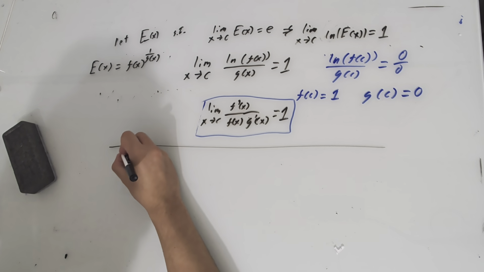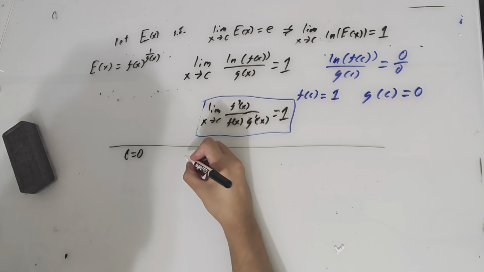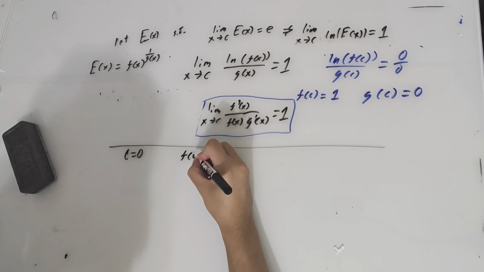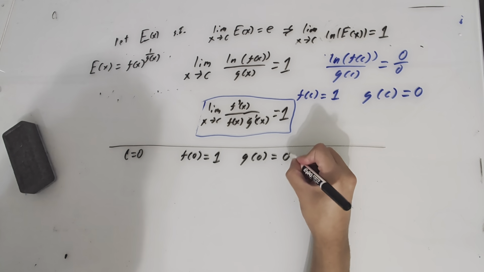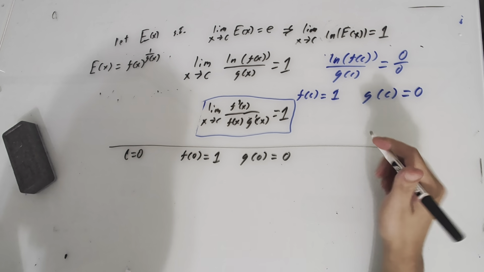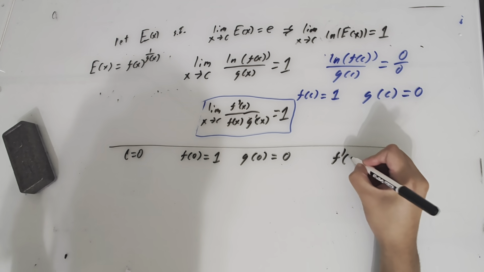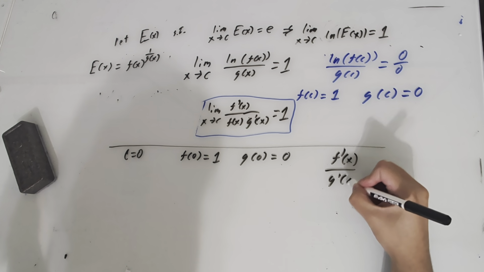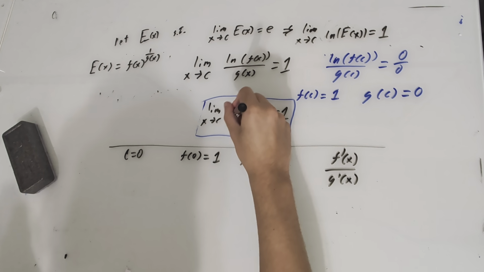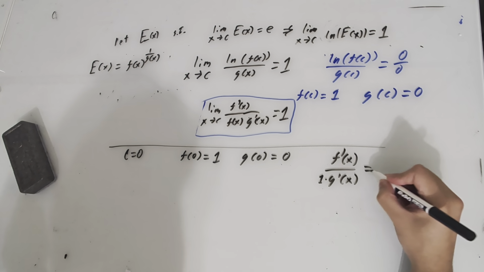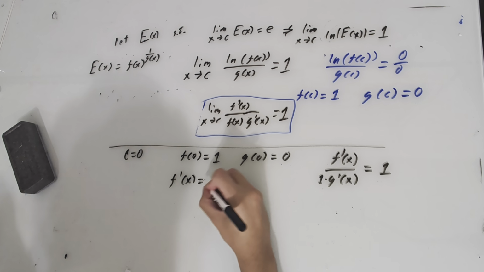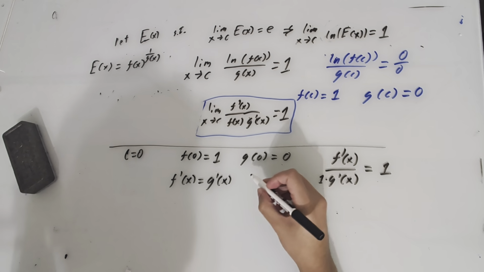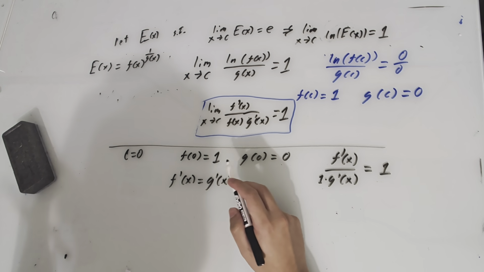So let c equal 0 to make things simpler, and then that would make f of 0 equal 1 and g of 0 equals 0. All right, and if we make it so that the derivative of f over the derivative of g, again, since we are plugging in 0, would equal 1, then we have our derivative of f equals the derivative of g, just by multiplying by g prime.